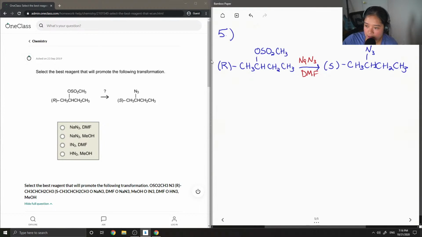So basically, I'll just write out my reasoning behind this. When the configuration of the product is inverted, like going from the R to the S, you know that an SN2 reaction was involved.